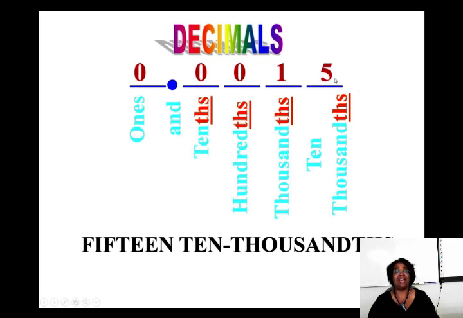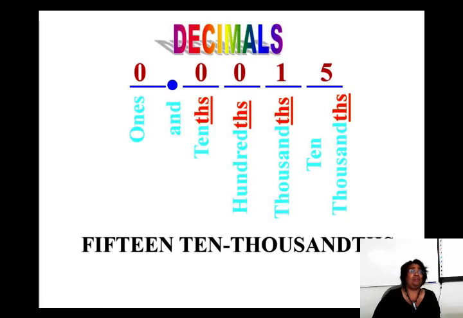I know the last digit has to be in the 10,000s place. So I would have put the 5 here, the 1 here, and then I know I have to fill in zeros. Now, I have a 0 in the ones place just to show that this really is a decimal.